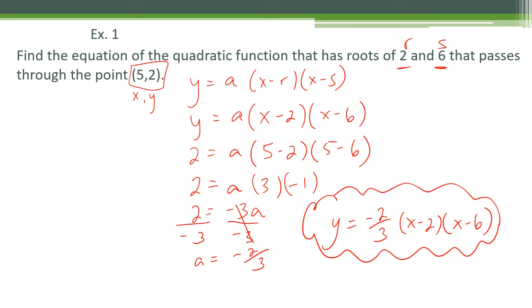Now, I didn't tell you for this example what form to use, so it makes sense for ease to just use factored form. If it did by chance say what's the equation in standard form, hopefully you remember how to get to standard form, you would have to FOIL and distribute that. If it asked you to get to vertex form, after you've FOILed and expanded that, you'd then have to complete the square.